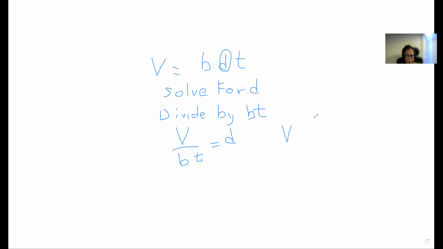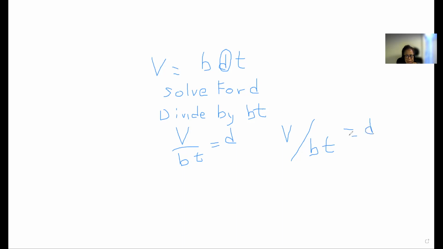Yeah, that's it. That's the same thing, except I use the horizontal line and you use a slash. V/BT equals D. That's the answer.